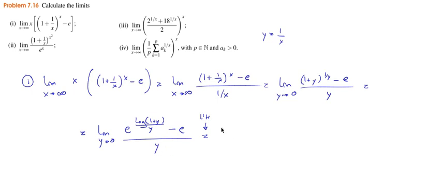So we can differentiate both numerator and denominator with respect to y, applying L'Hopital's rule. And so now we get rid of the denominator y, and so we have just the derivative of this, which is e to the (logarithm of 1 plus y divided by y) times the derivative of this. Okay, and the derivative of this is 1 divided by y times (1 plus y), the derivative of the first term, and then plus, in this case, minus 1 over y squared times the logarithm of 1 plus y.